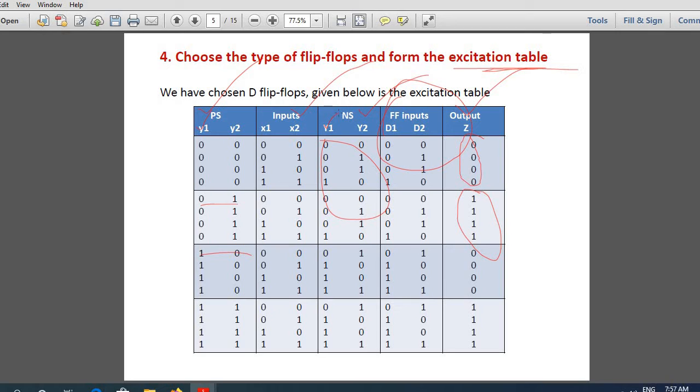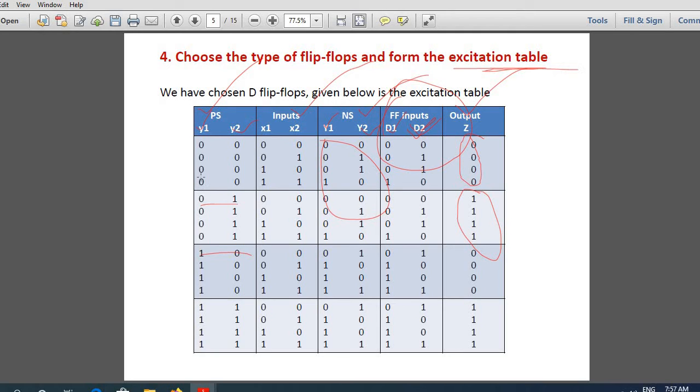This forms your Qn plus 1 combination in the excitation table of D flip-flop. And from that you find D1. Now take small y2 and capital Y2 and find D2.